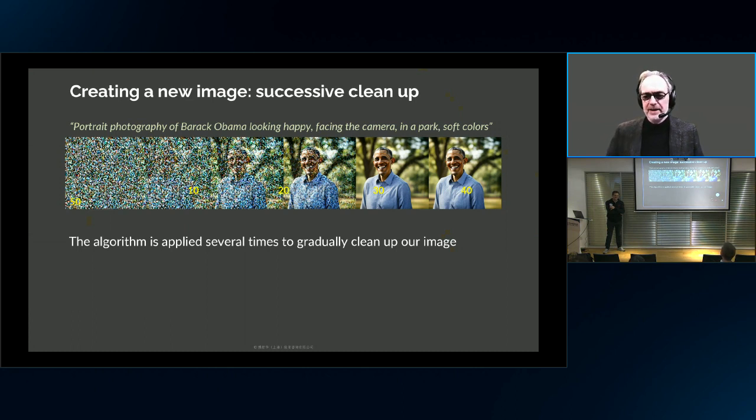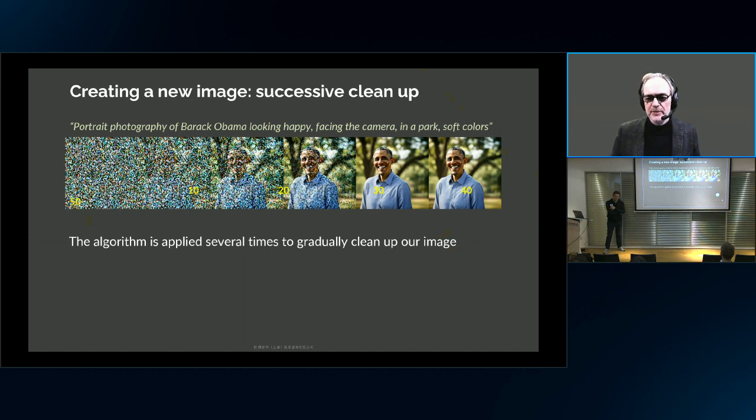And nowadays, you can get away with 30 to 70 steps. In this case, I took 50 steps. The first image is a random image, and then the second one is 10 steps later, then 20, 30, all the way to 50. So we can see clearly that the trained model is cleaning up the image step by step.